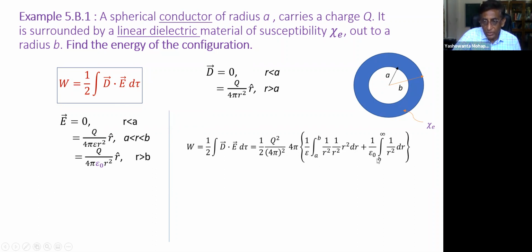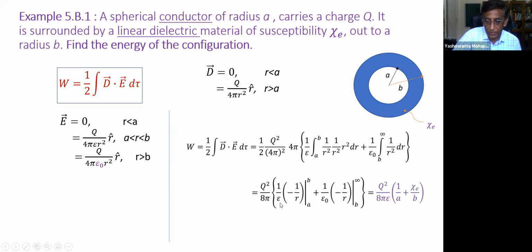This is a to b, b to infinity, that is 1 by r square dr coming from E. This integration is the same in both cases, except that one is 1 by epsilon, the other is 1 by epsilon naught, and hence I get my total energy in terms of epsilon and chi e.